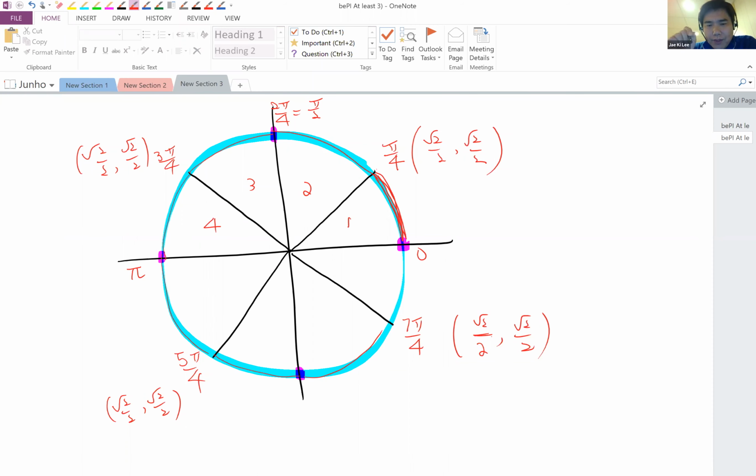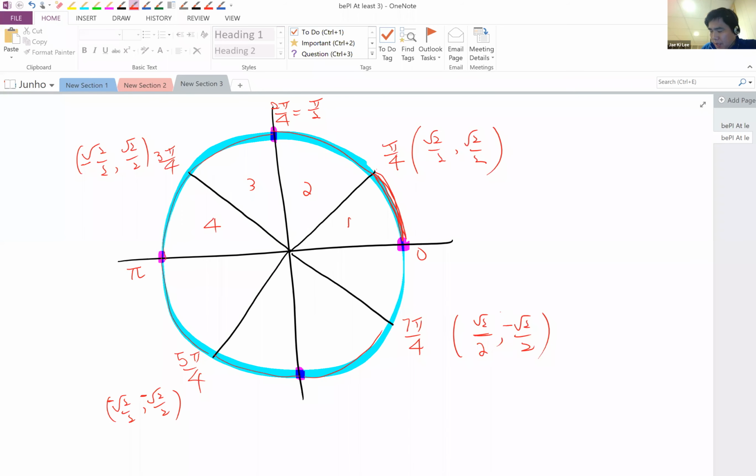In the second quadrant, x is negative. In the third quadrant, both are negative. In the fourth quadrant, x is positive and y is negative. That's how we can generate them.